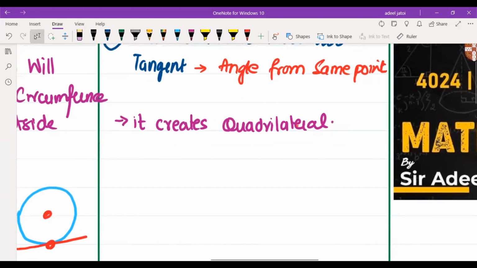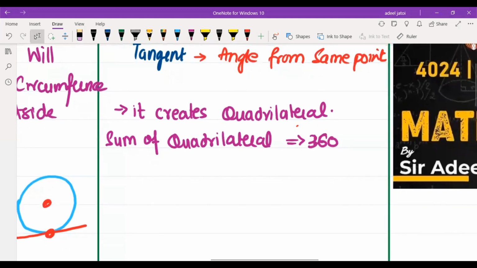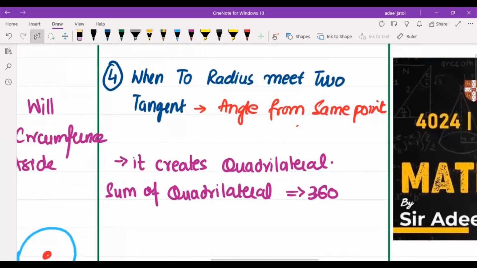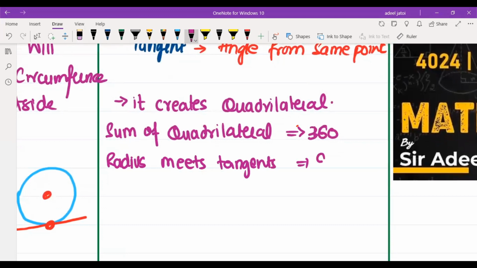When it creates a quadrilateral, the sum of a quadrilateral is always what? 360 degrees. Since the sum of a quadrilateral is 360 degrees, and we already know when radius meets tangent, it creates 90 degrees.